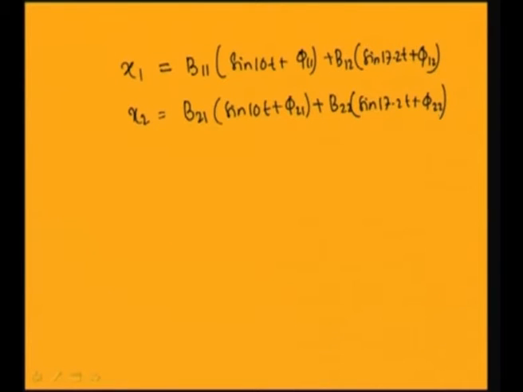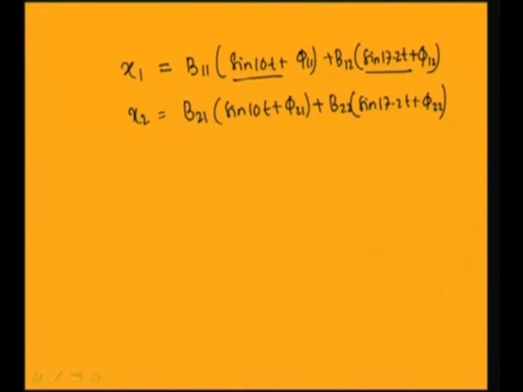So in this case you have b11, phi 11 and b12, phi 12. b11 is the magnitude and phi 11 is the phase difference. So this is the first mode and this is the second mode.